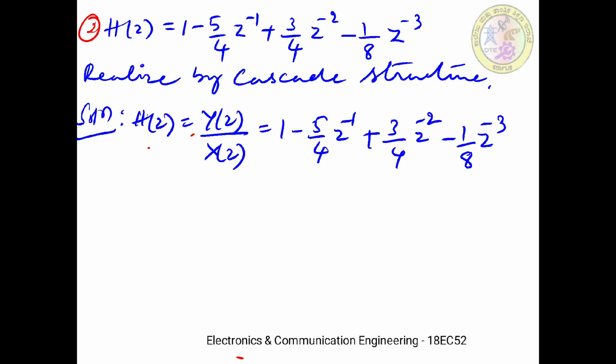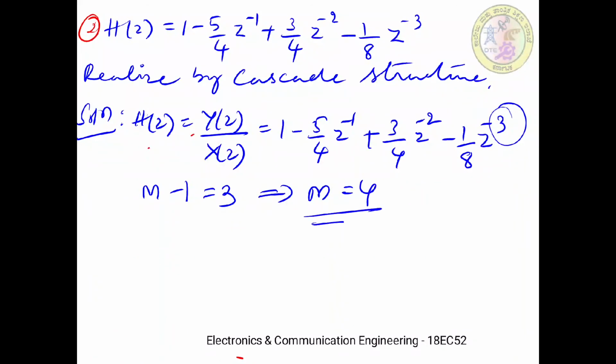Obviously here we see that the highest power is 3. So m minus 1 is equal to 3, therefore m is equal to 4 in this case.